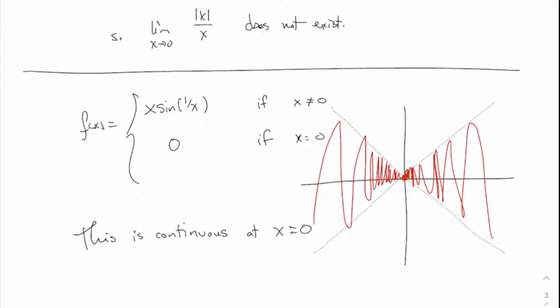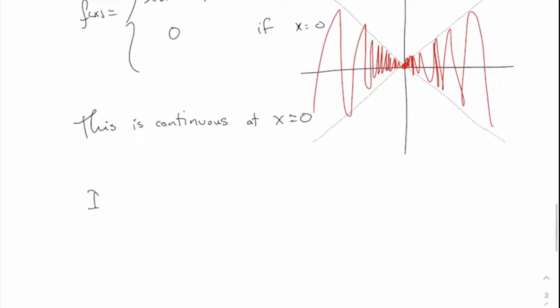It's continuous everywhere actually, but 0 is the interesting point of this function. My question to you, is it differentiable at x equals 0? It also is differentiable at all the other points, just because it makes a nice smooth curve at all the other points. But what about right in the middle there? Is it differentiable? That's what I want to talk about.